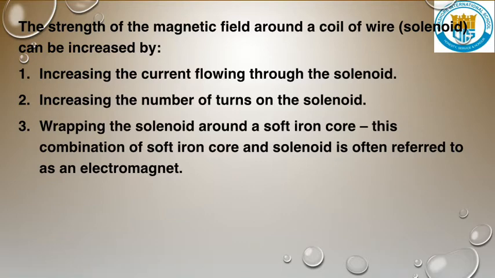That will now add to the magnetic field around the solenoid that you are creating. The combination of the two magnetic fields, of the solenoid itself and of the soft iron core, will give you a stronger magnetic field. A soft iron core and the solenoid together is referred to as an electromagnet.